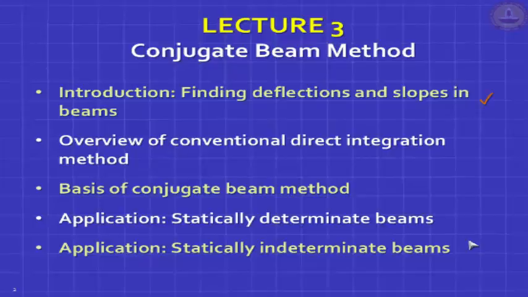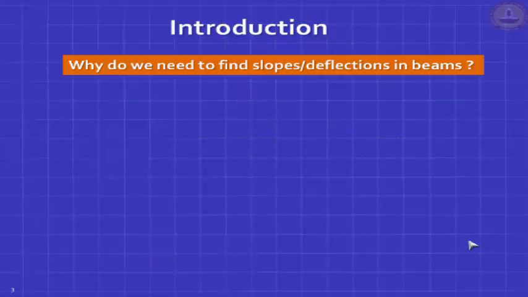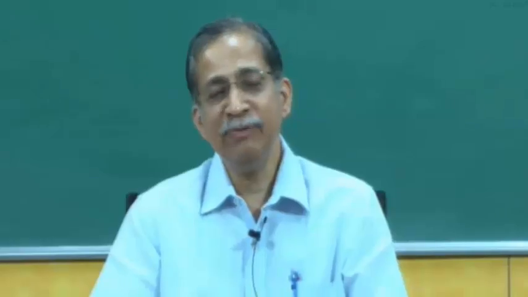First, the introduction, and we begin by asking the basic question: why do we need to find slopes and deflections in beams? Is it not enough to find support reactions, learn to draw the bending moment diagram, and also the shear force diagram?